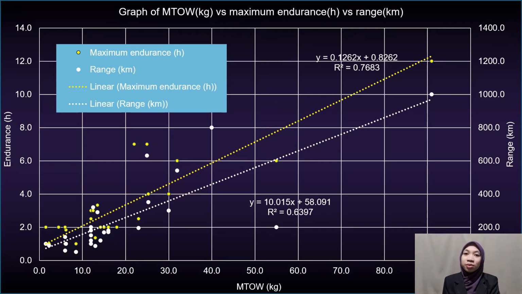So if the maximum take-off weight is equal to 10 kg, the estimated flight range is equal to 160 km with an endurance of 2 hours. We can say that this is a good rough estimation because the estimated value of the endurance and range with respect to the maximum take-off weight is quite similar to the estimated value of the range and endurance with respect to the wingspan.